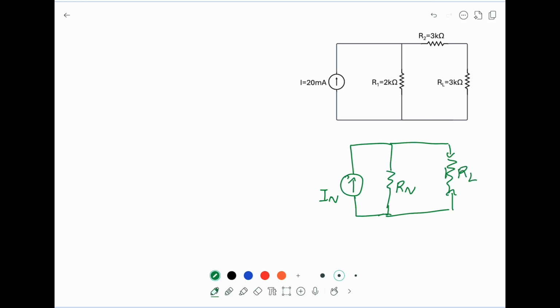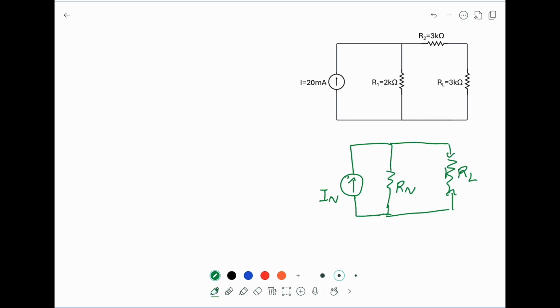From here we can connect our load resistor. So how to find the current source and the Norton resistance? Let's do it using this example. To find the Norton equivalent resistance, we first remove the RL, and then we replace any source using the usual rule. It means we replace the current source by open circuit, and we replace any voltage source by short circuit.